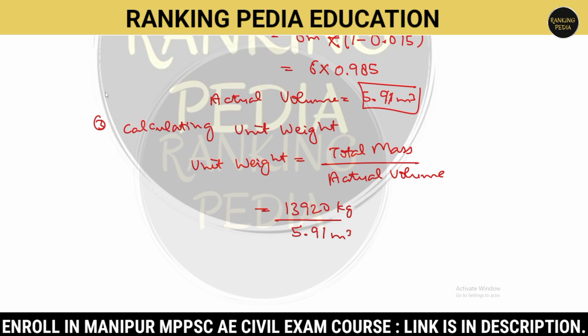So the unit weight is 13,920 kilogram divided by 5.91 meter cube. You can use a calculator; I am using the calculator right now.